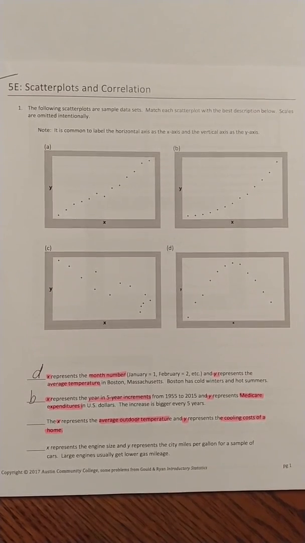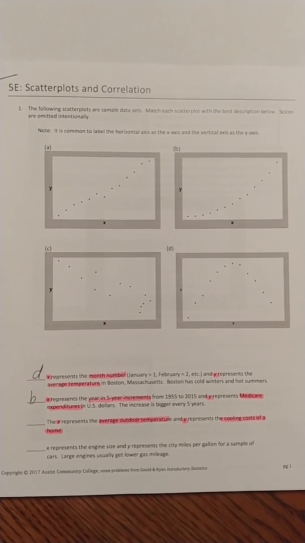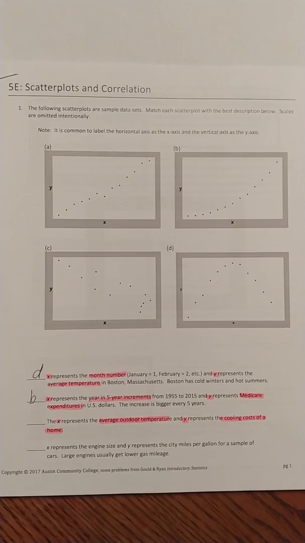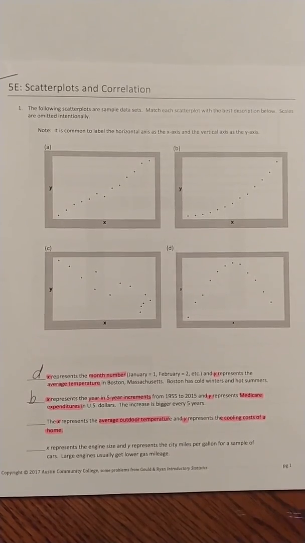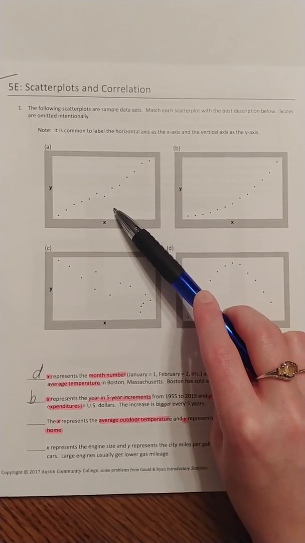Because the hotter it is outside, the hotter it gets inside your house, which means your aircon has to work extra to cool down your house, which means your cost is going to be more. Your electricity bill will be more. So here, as our temperature increases, which is our X, our cooling cost also increases. And so here again, we have a line that shows an increase, which has to be A here.